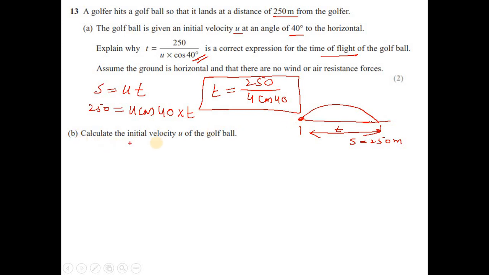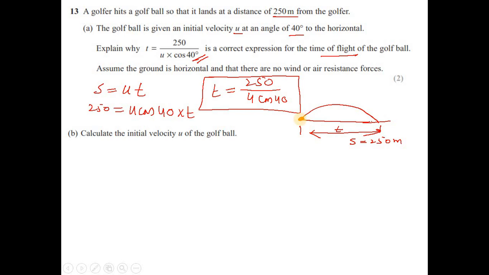Part B, calculate the initial velocity u of the golf ball. So in this case, we need to find u. If you recall the situation of a projectile, when a projectile moves up, we divide the whole motion into horizontal and vertical motion separately.